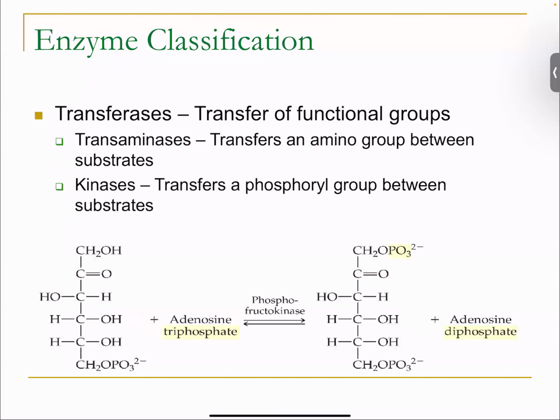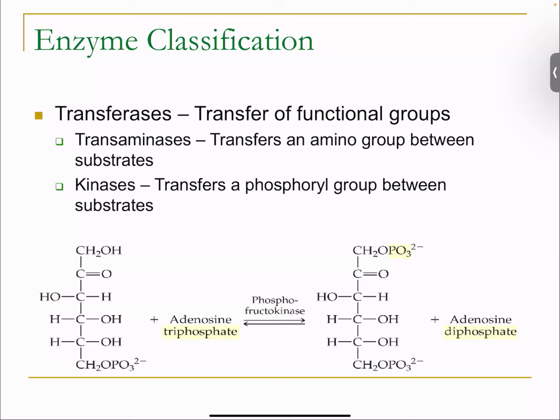The next class is the transferase. Just like its name says, it transfers something. In this case, it's a transfer of functional groups, but it transfers something. There are two subclasses to the transferase.